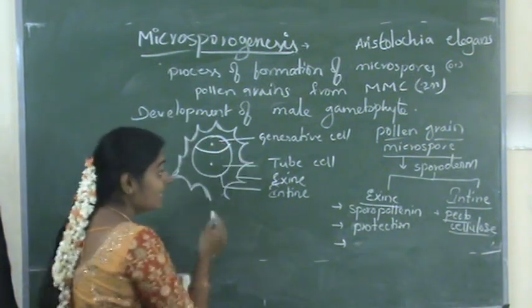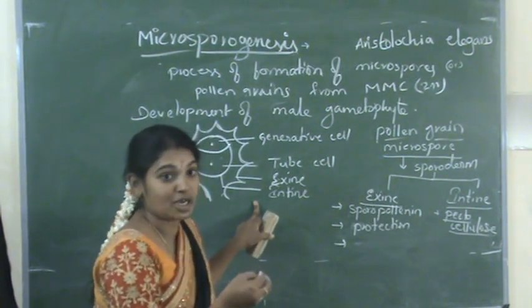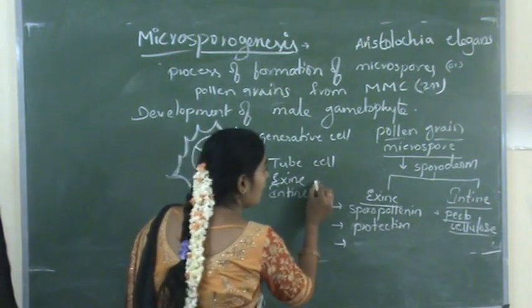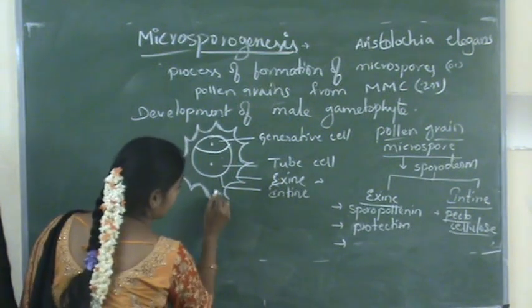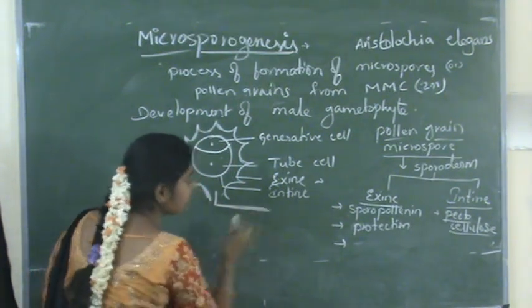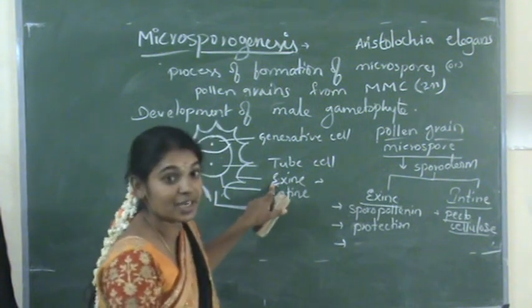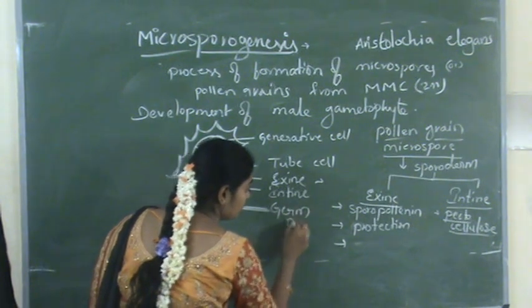In the exine wall, if you observe, there are some pores or gaps present, which are called weak points. Like this, weak points are present in the exine wall, which are called germ pores.